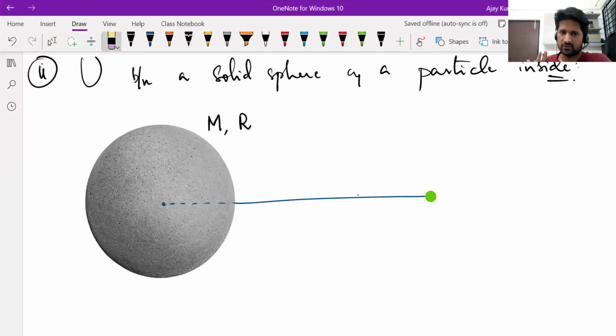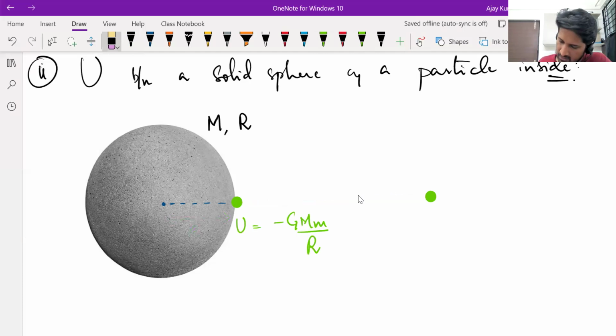Up to the surface also that is valid. When the particle is exactly on the surface of the solid sphere, you can say the potential energy between them is minus G capital M small m by radius r, because the distance from the center is the radius. That is valid. But how to calculate potential energy when the particle is inside the solid sphere?